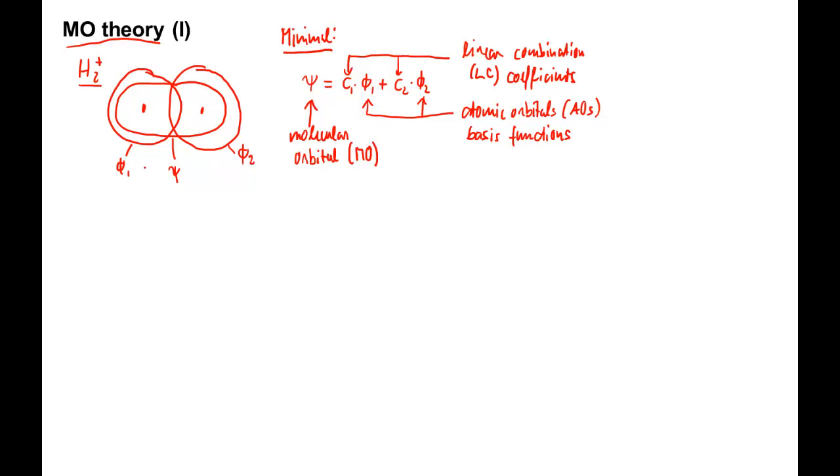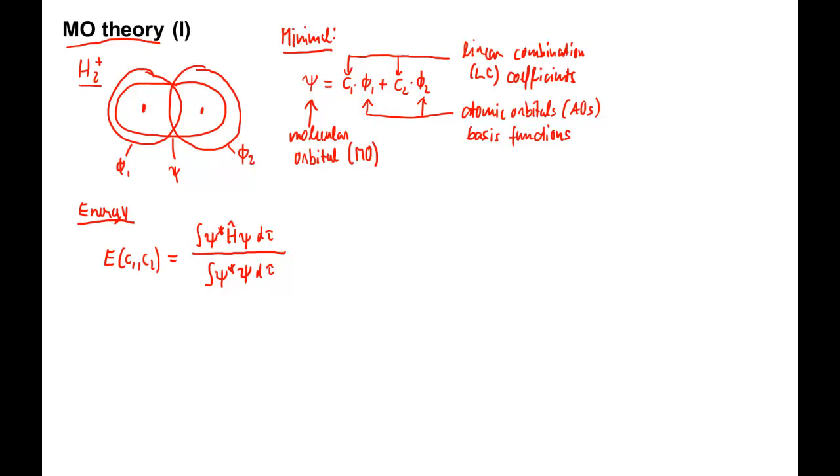Next, the energy. For the approximate molecular orbital, it is written as E of C1 and C2 equals the integral of psi star h hat psi d tau divided by the integral of psi star psi d tau.